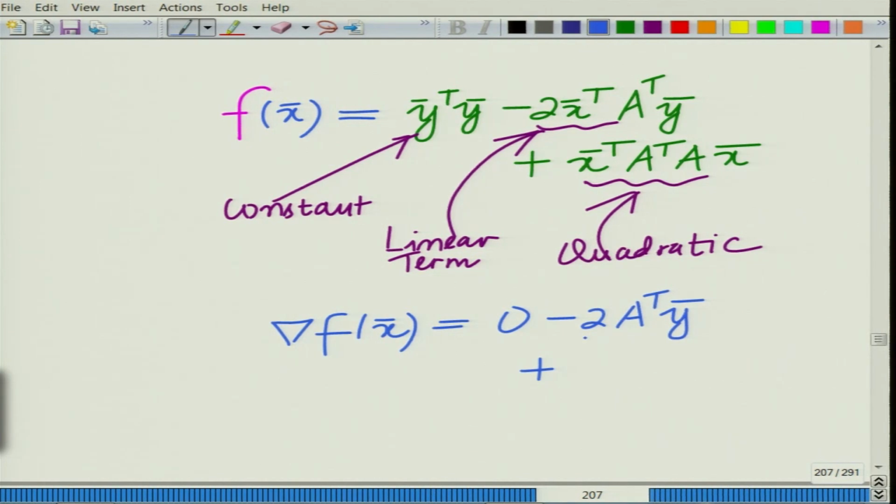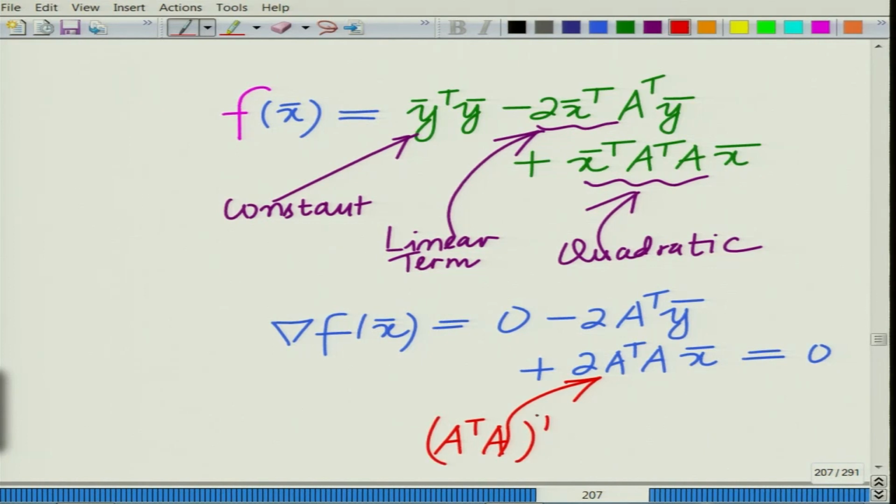So this will be twice A transpose A x bar, which we are setting to 0.